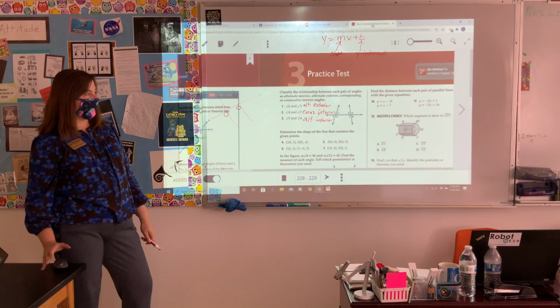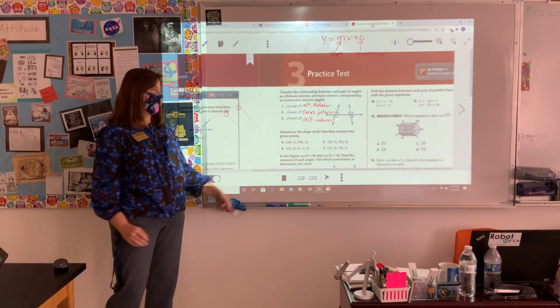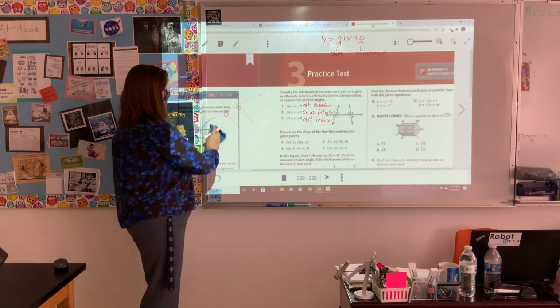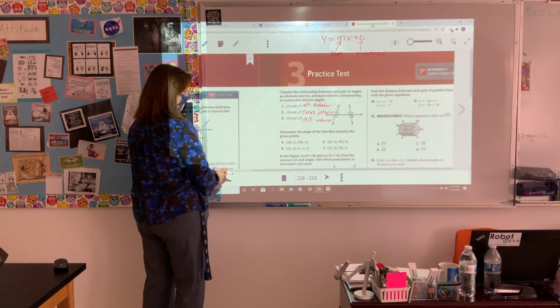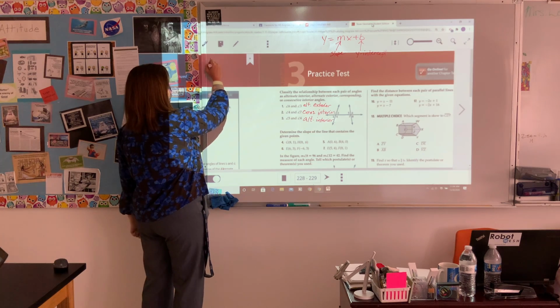For the corresponding. Okay, how do we determine the slope of the line that contains those points? M equals y2 minus y1 over x2 minus x1.